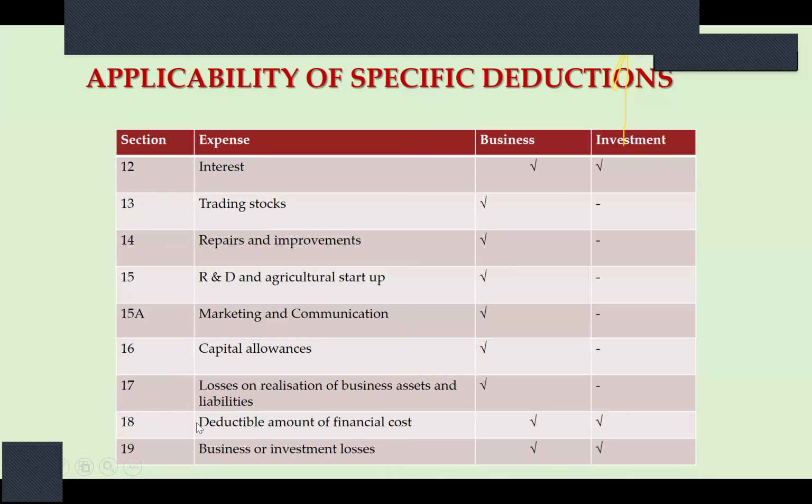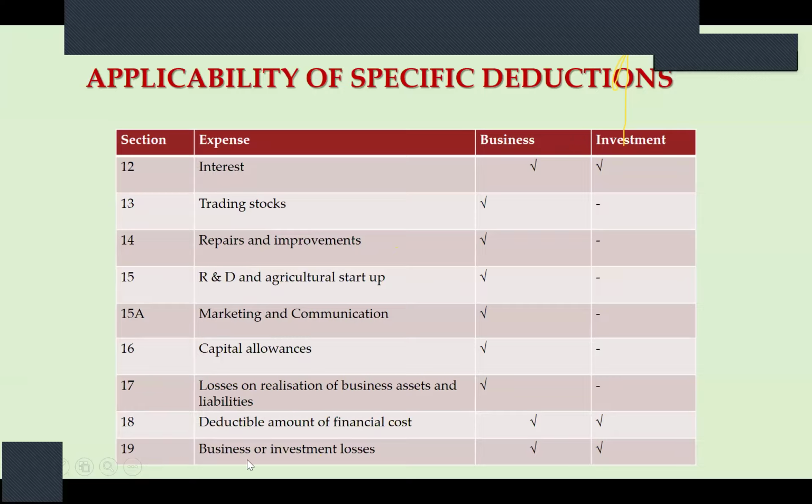But under section 18, specific limitation is provided only for companies. So section 12 is mainly applicable to individuals, but under section 18 the application of this interest rate is limited for the companies.